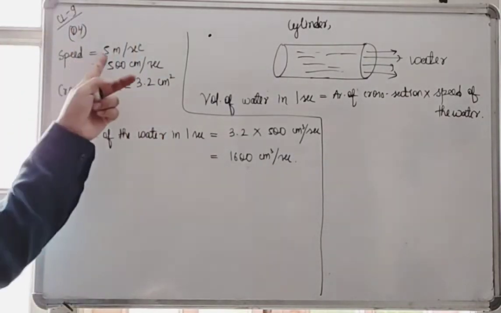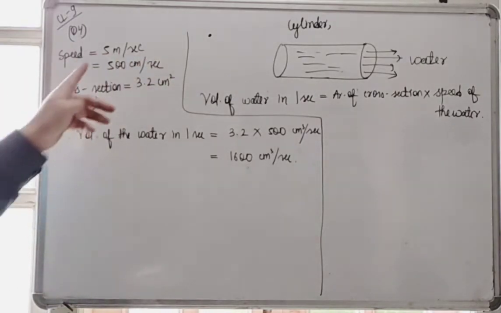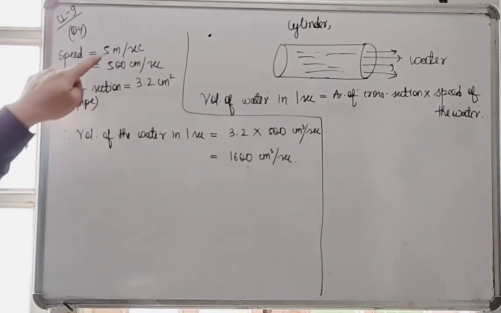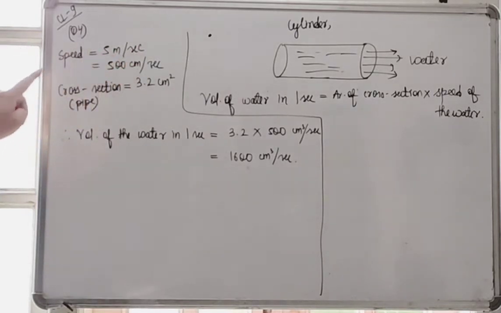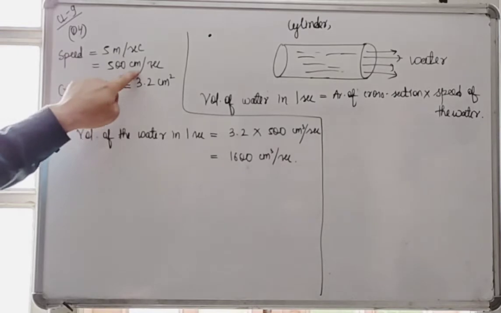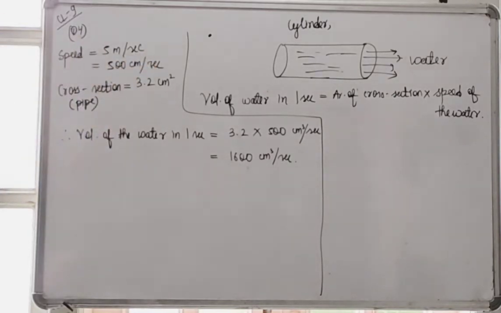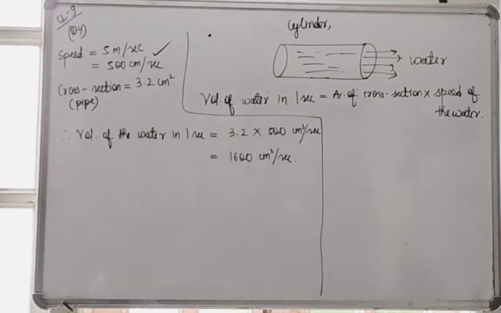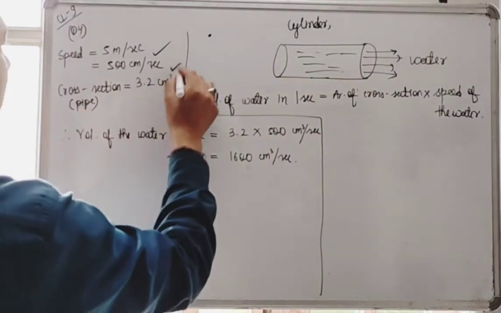Meter per second, so first you convert into centimeter. Keep second as it is, you convert meter to centimeter, so the speed will be 500 centimeter per second. This is the speed of the water which is flowing, and this is the cross section of the pipe.